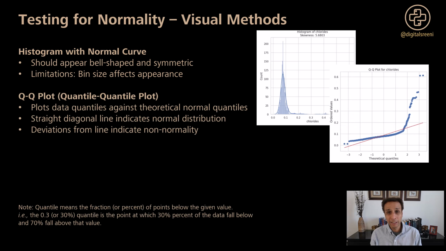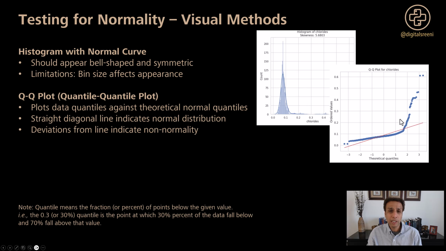A better way is a QQ plot, quantile plot. A quantile is basically the percentage below which you have a certain amount of data. For example, if you have a quantile of 0.3 here on the y-axis, you see a value of 0.3. So if you look at this data point right there, it tells you 30% of the data falls below that specific quantile, and 70% of your data falls above it.